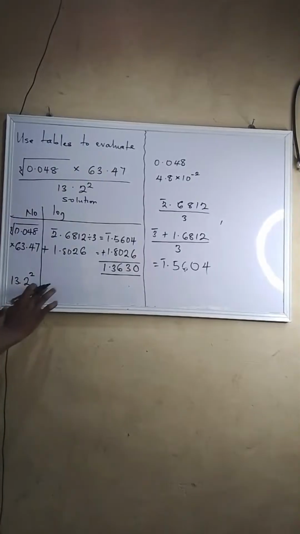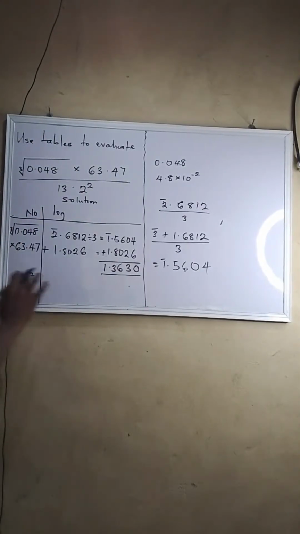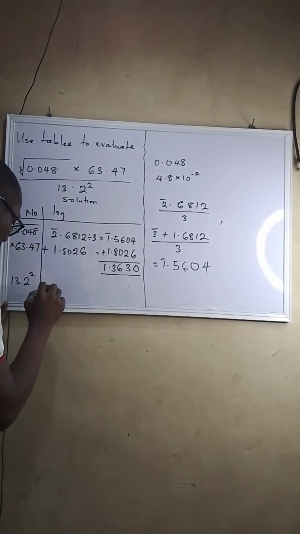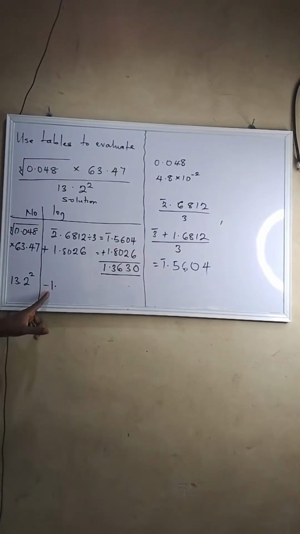Once division comes to this side, it becomes minus. You remember your law of logarithms: when dividing, you subtract the powers. So this is going to be minus. Now I'm writing minus 1 point. This is the characteristic.